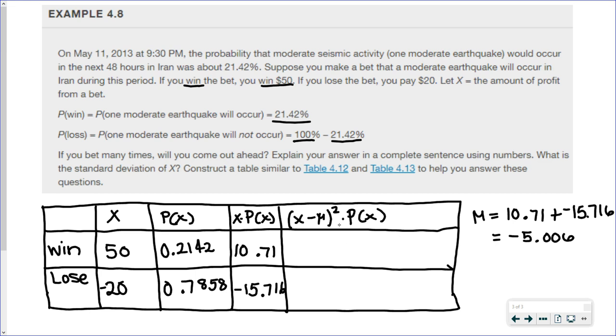Now to our last column here. We're going to take our x, which is 50. We're going to subtract the mean, mu, which is negative 5.006. You're going to square that, and then you're going to multiply by p.